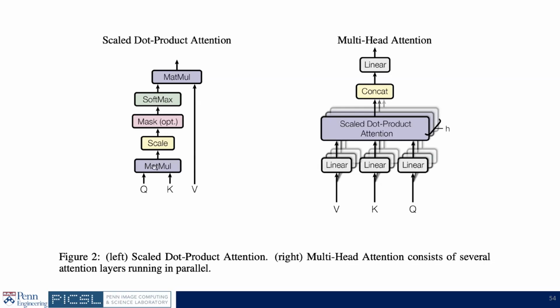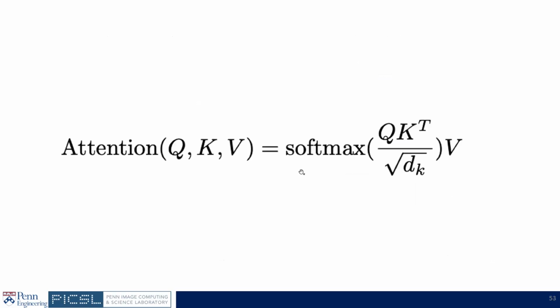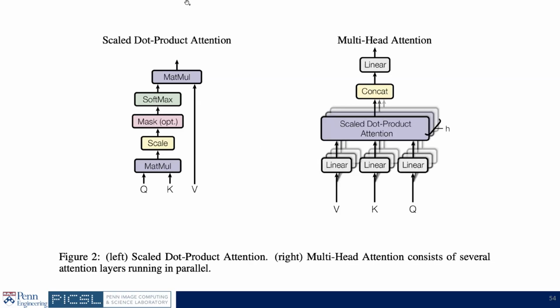MatMul is nothing but matrix multiplication. So you're multiplying Q times K, normalizing them, passing that through softmax, and multiplying the output with V to get the final attention, right? So this is what is happening over here.